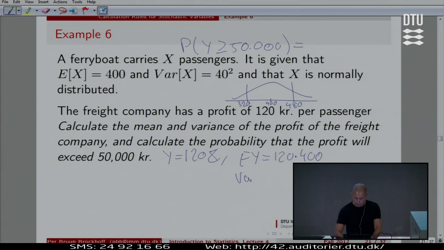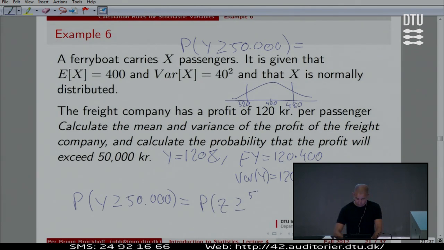The variance becomes, using the variance rule where we extract a square from the formula, 120 squared times the variance of x, which is 40 squared. Having those two numbers, we can pursue and find the probability of being beyond 50,000, like we have learned now.